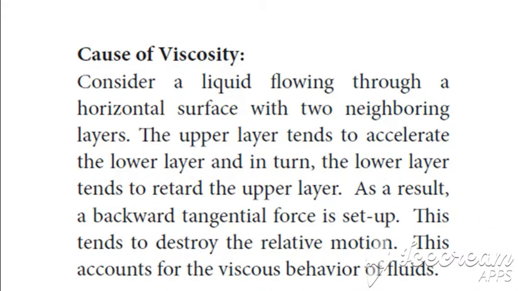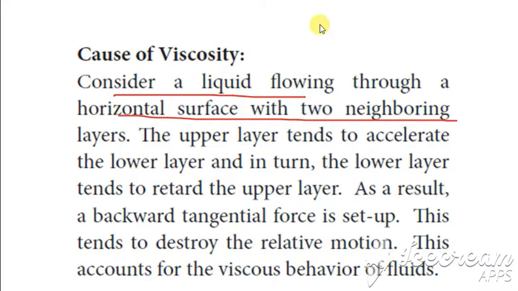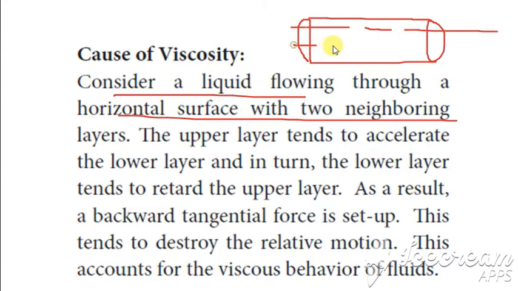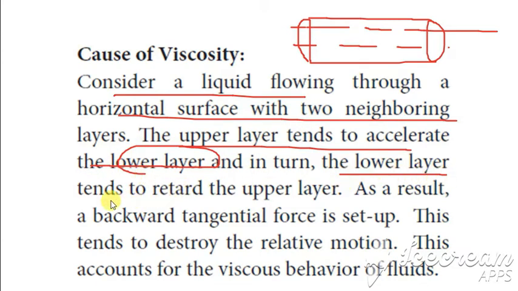Cause of viscosity: consider a liquid flowing through a horizontal pipe with two neighboring layers. The upper layer tends to accelerate the lower layer, and in turn the lower layer tends to retard the upper layer.